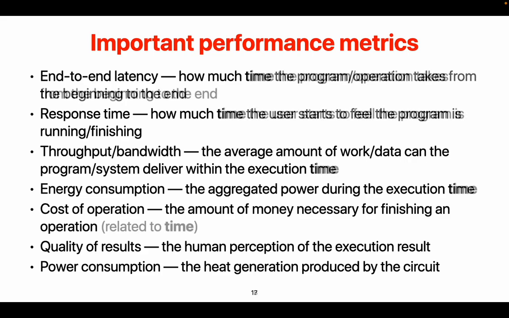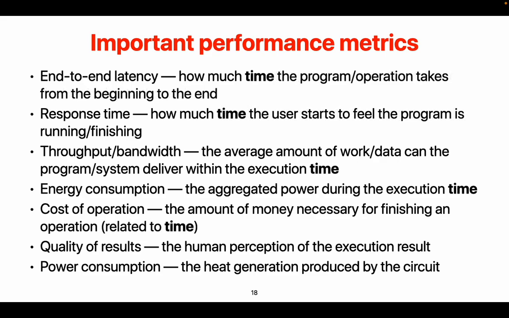That's actually time. End-to-end latency is how much time it takes to complete the whole request. The response time is how much time it takes to give you the first answer. The throughput is the average amount of work I can finish within a period of time. Energy consumption is the aggregated power during the execution time.